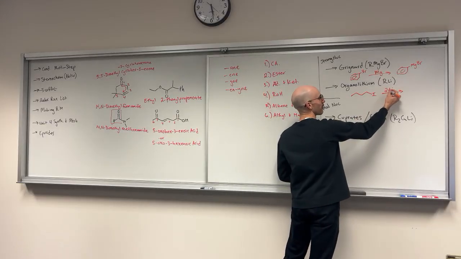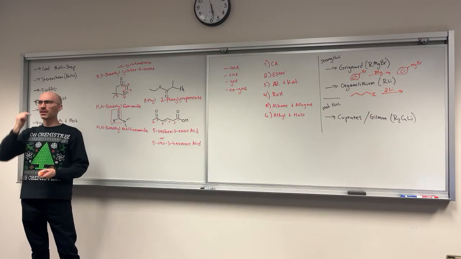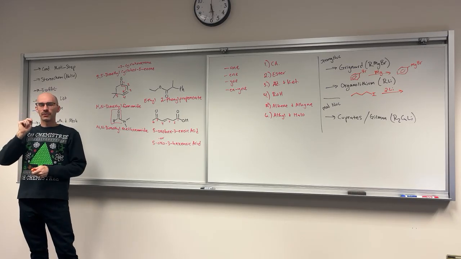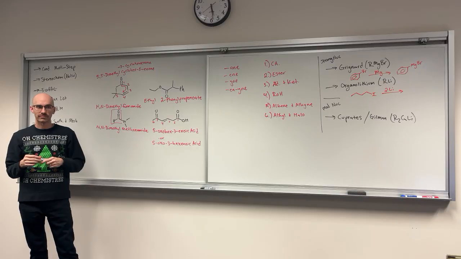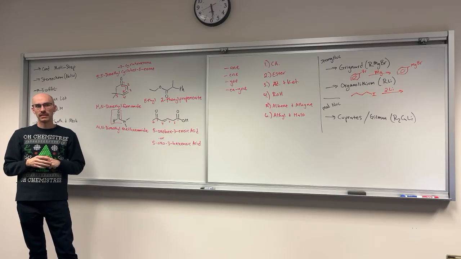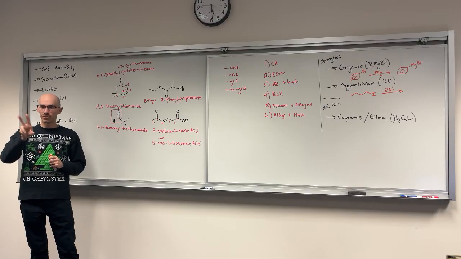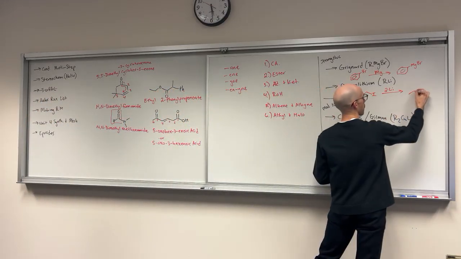We need 2 equivalents of lithium to do the same thing that 1 equivalent of magnesium does. Why do we need twice as much lithium as magnesium? Valence electrons. Lithium is a 1 electron reducing agent. Magnesium is a 2 electron reducing agent. And we need a 2 electron reduction here.